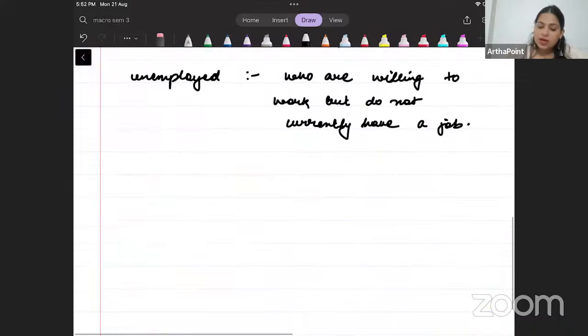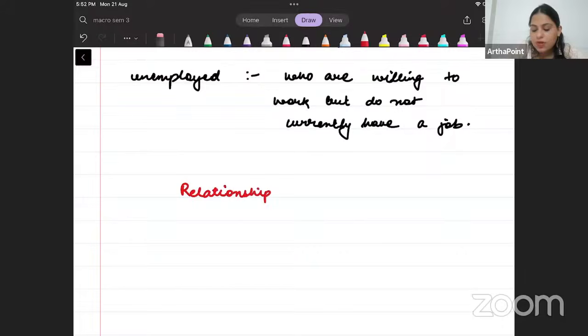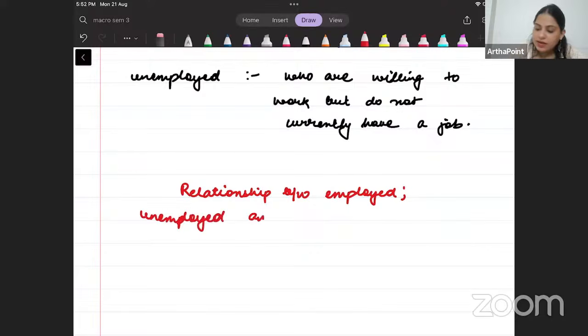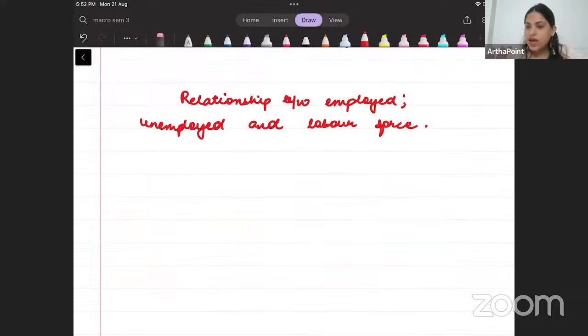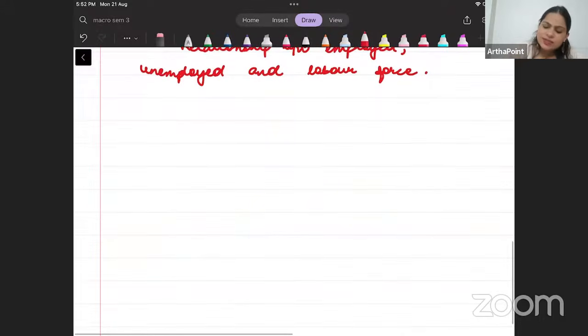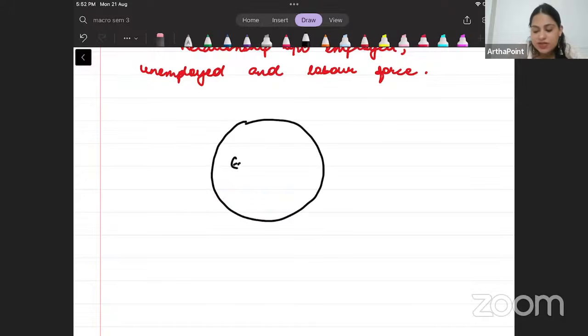Now, there is another diagram that we need to understand, and I can call that diagram as the relationship between employed, unemployed, and labor force. And I want to do this with some numbers. तो ध्यान से समझो अब हम क्या कर रहे हैं. Say, I make a circle and this represents employment.